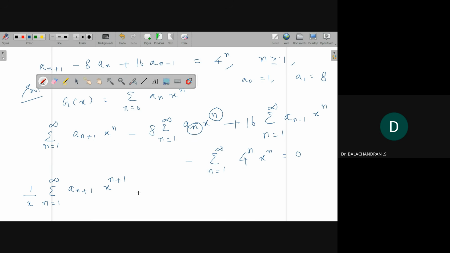Minus 8 into summation n equal to 1 to infinity a_n into x power n.